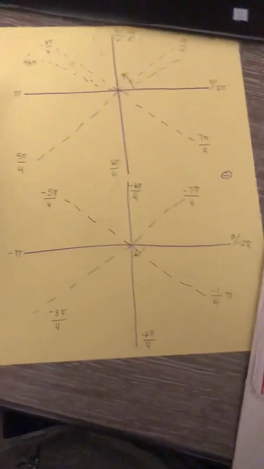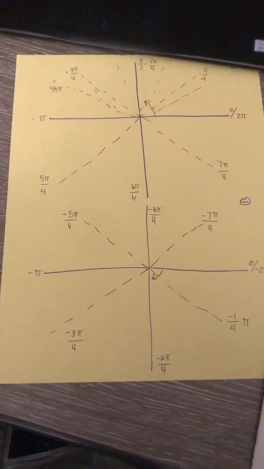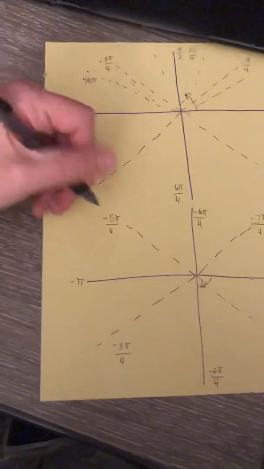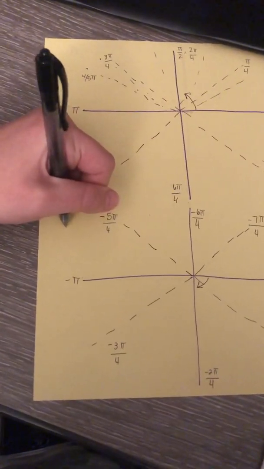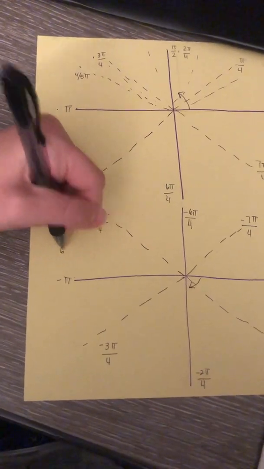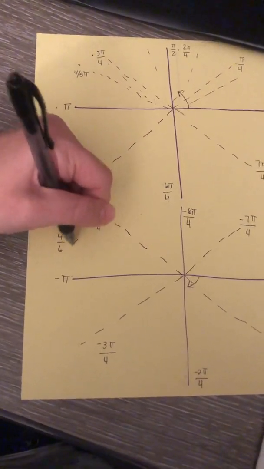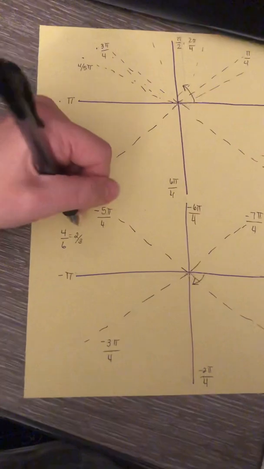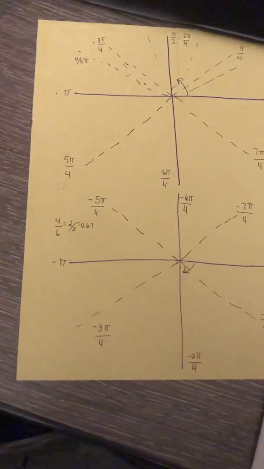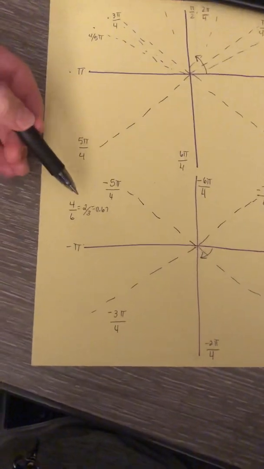All right, and so these will, again, be a good reference for you, as long as you can convert them in your head. So if I'm thinking of, let's see, 4/6, right, that is 2/3 of a pi. That's going to be around 0.67 of a pi. I always think in terms of decimals in my head for some reason.